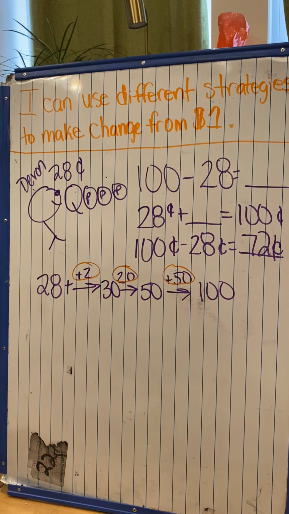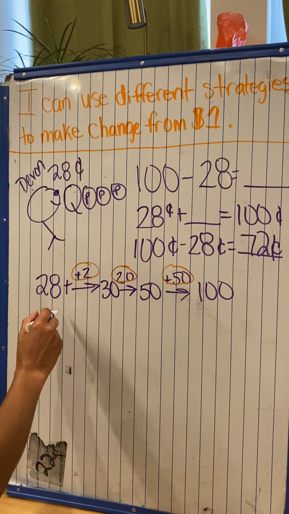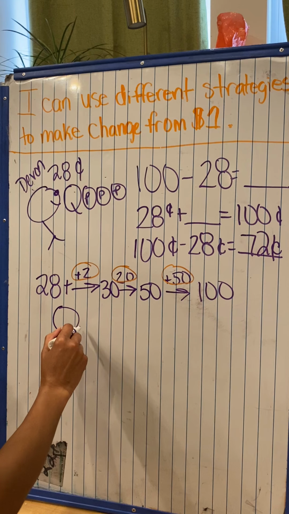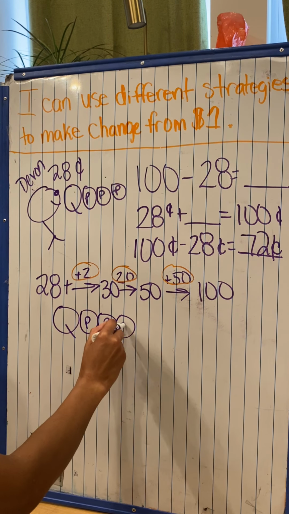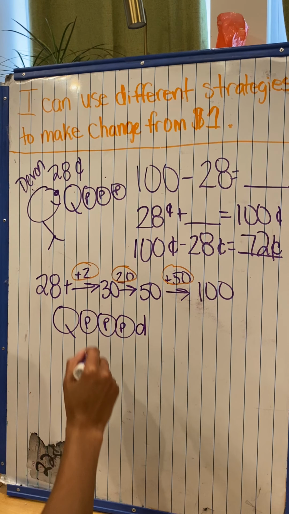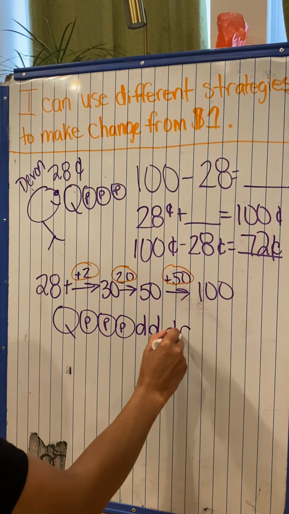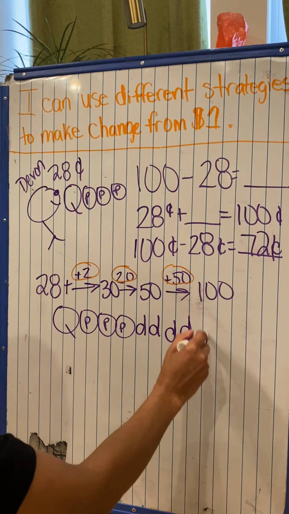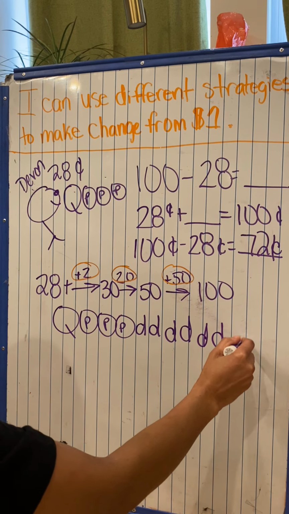Now let's check this by counting up. I'm going to start with 28 cents and I'm going to add the dimes and then pennies. Okay? So I have my 28 cents right here. And I'm going to add a dime. 38, 48, 58, 68, 78, 98, 99, $1.